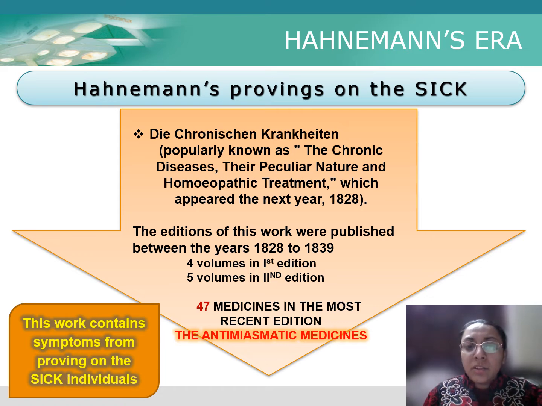The editions of this work were published between the years 1828 to 1839. There are 4 volumes in the first edition and 5 volumes in the second edition of this work. And in all, we see 47 medicines in the most recent edition. These medicines are anti-miasmatic medicines because their provings have been obtained from the sick condition, from the patients, from the sick individuals.